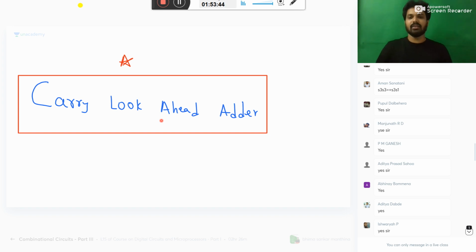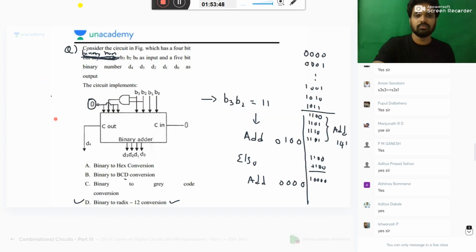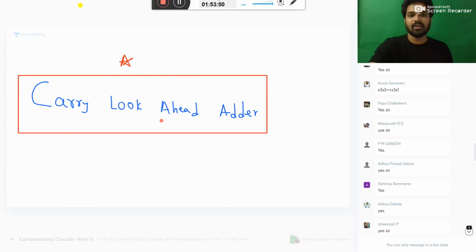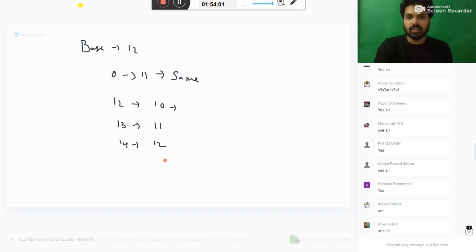Earlier, what is the disadvantage in your binary adder? Delay increases with increase in the number of bits. So what happened, Rahul? In BCD, listen, Rahul, 0 to 9 is as it is.